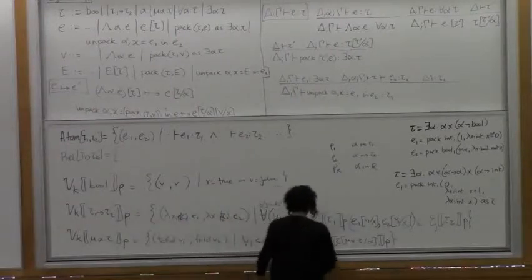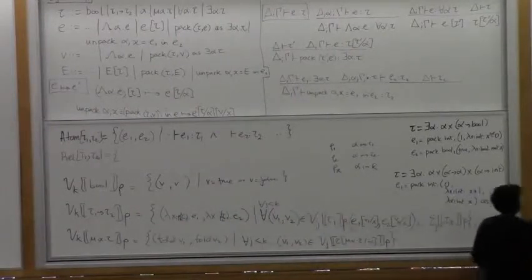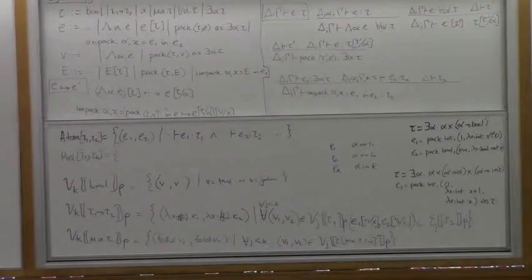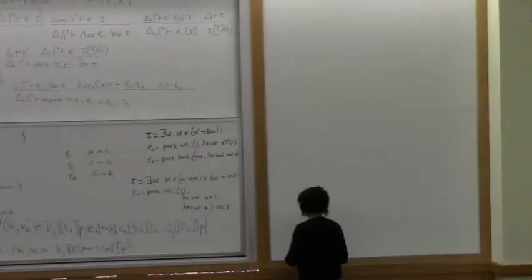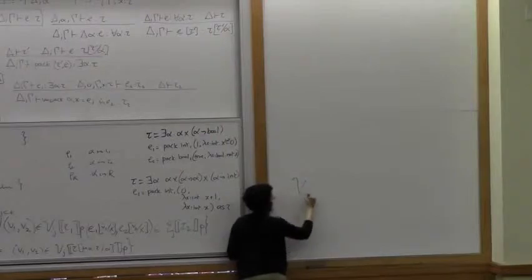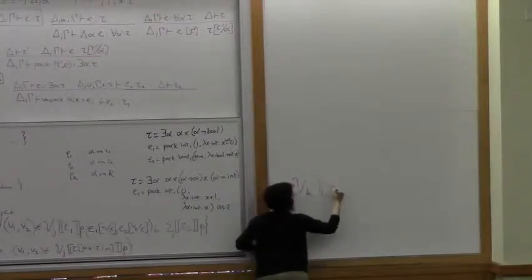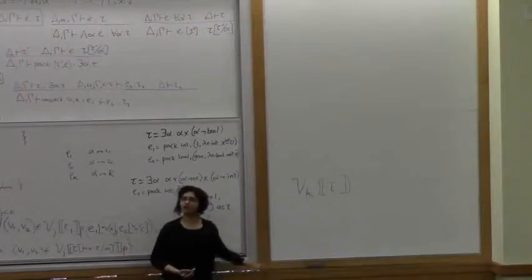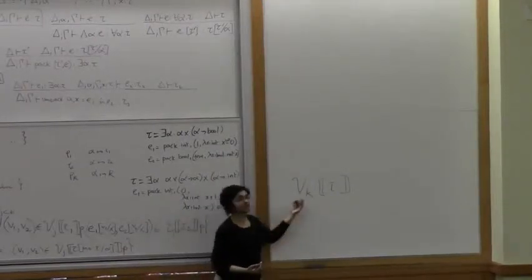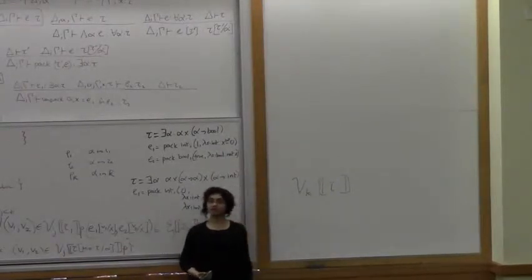I think I need one moment's digression before I do this. Yesterday I defined these as sets of values. Today I'm defining them as relations on values, right?